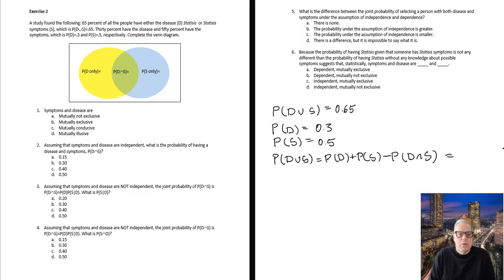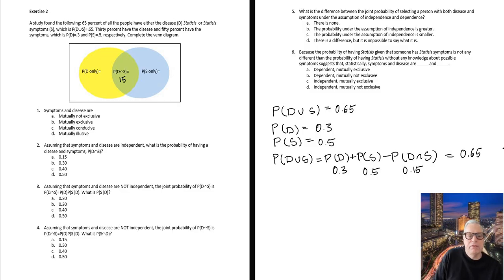And we know that this is 0.65. What other information do we have given? Probability of disease, that's 0.3. Probability of symptoms, 0.5. So that means that this term, the probability of disease and symptoms, must be 0.15.